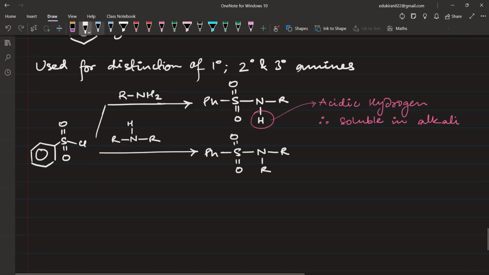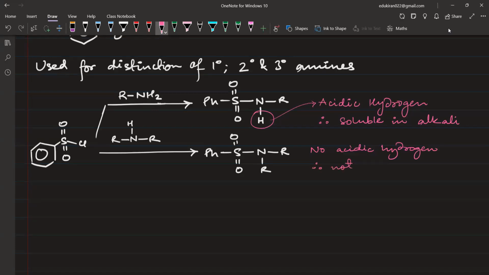Now we are getting a product, but there is no acidic hydrogen. Therefore, it is not soluble in alkali.